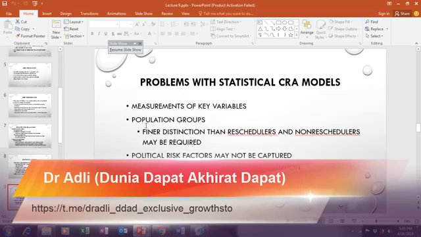Problem with statistical CRA models: measurement of key variables. The problem is how we look at the key variables, the data itself. Very often the financial manager's information on country DSR or IR is out of date because of delay in collection of data and errors in aggregate loan volume data for countries.